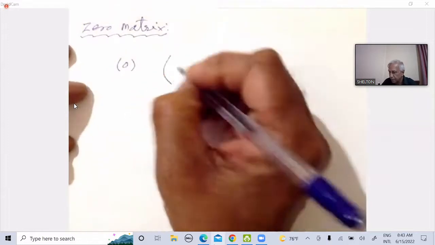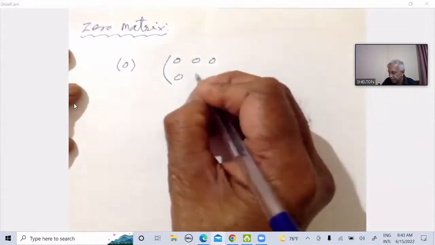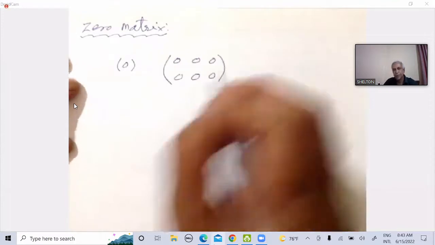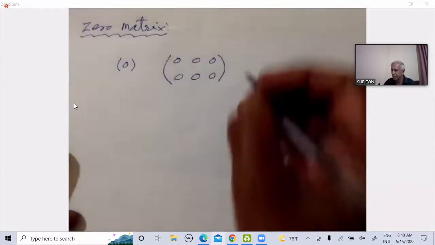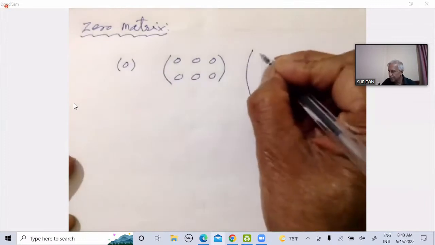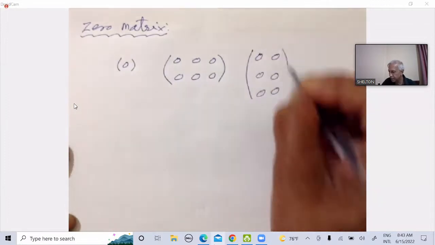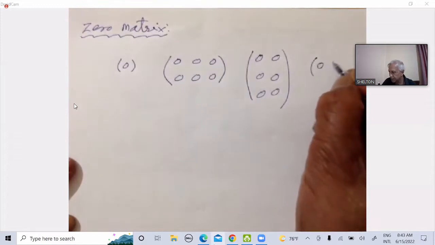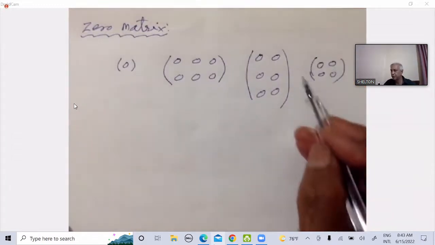Then if you take this, this is a zero matrix. All entries are zeros. This is a zero matrix. That is a 2 by 2 zero matrix.